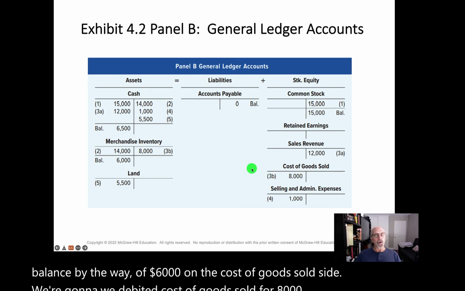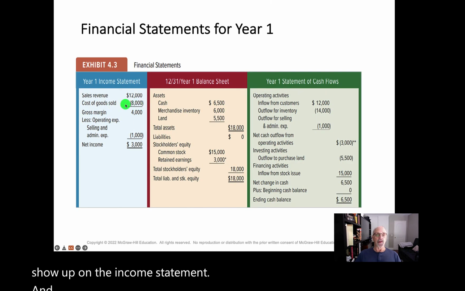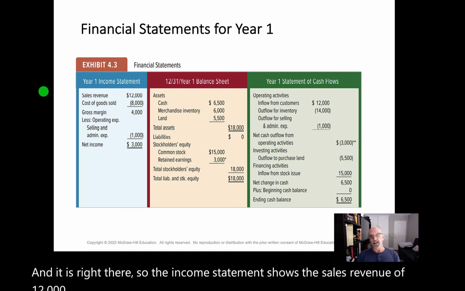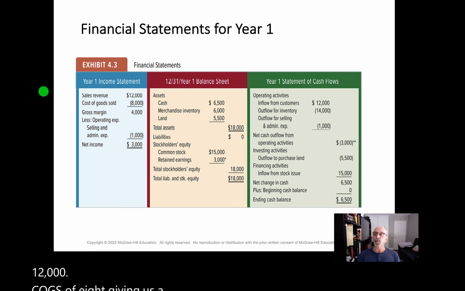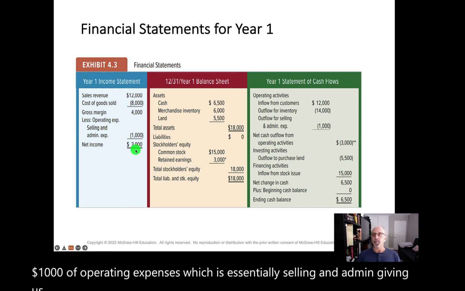So that's going to show up on the income statement. And there it is right there. So the income statement shows the sales revenue of $12,000, COGS of $8,000, giving us a gross margin of $4,000. We're reporting here $1,000 of operating expenses, which is essentially selling and admin, giving us a net income of $3,000.